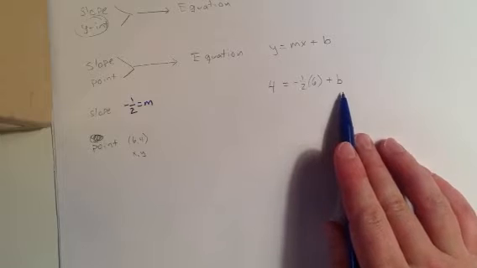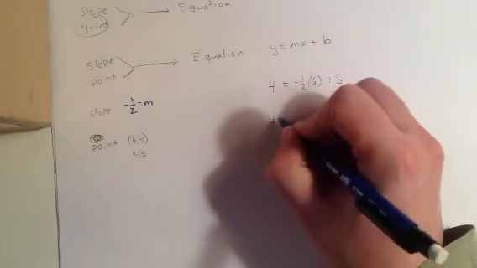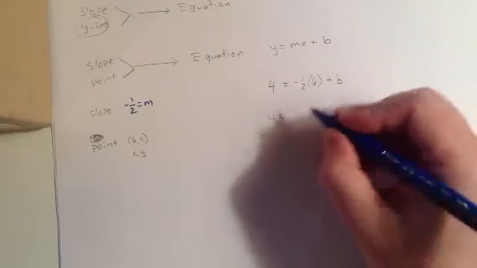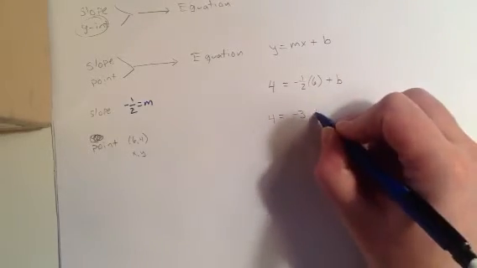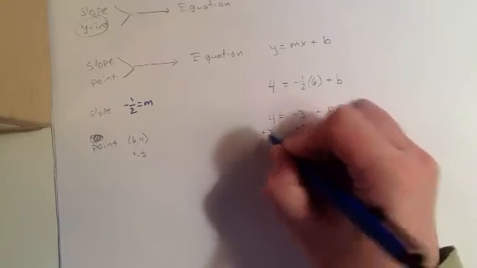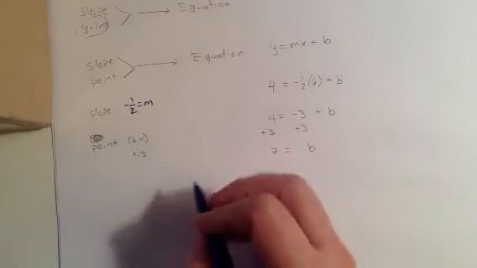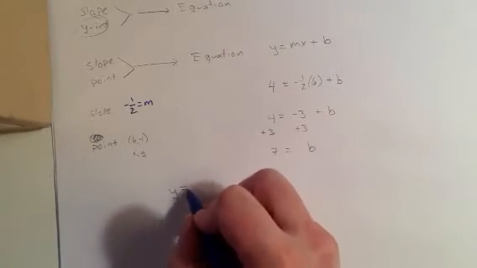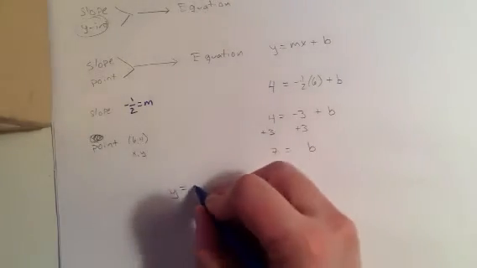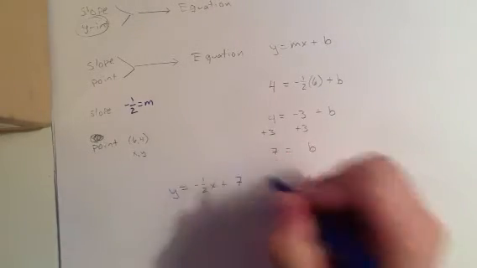So this is now just an algebra problem. I'll solve and find b. So this is 4 equals negative 1/2 times 6, which is negative 3, plus b. Add 3 to both sides. So b is 7. So the equation for the line is y equals negative 1/2 x plus 7.